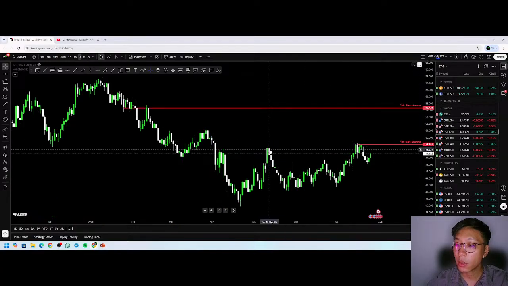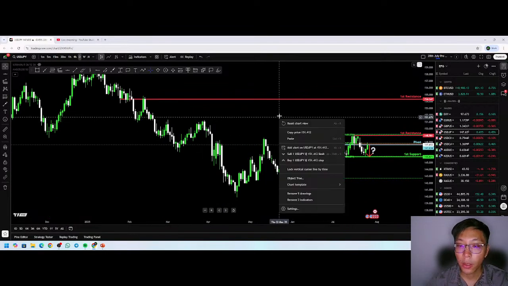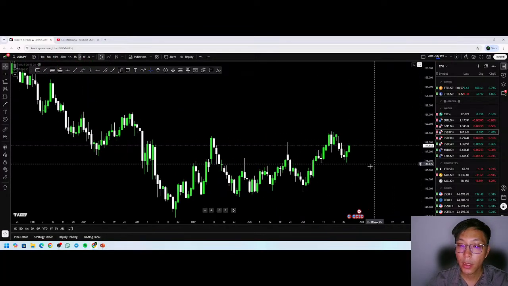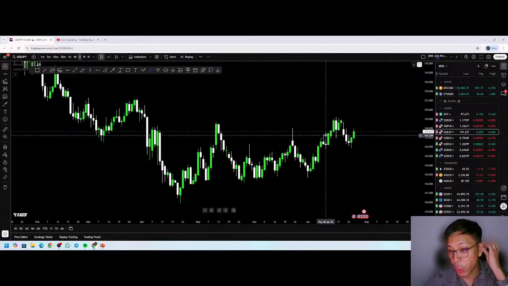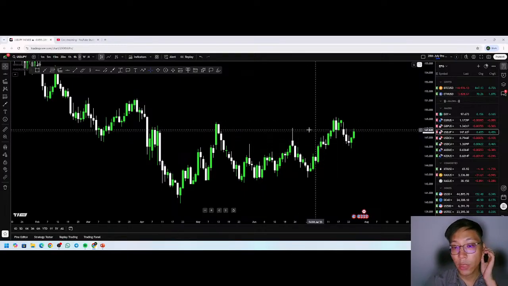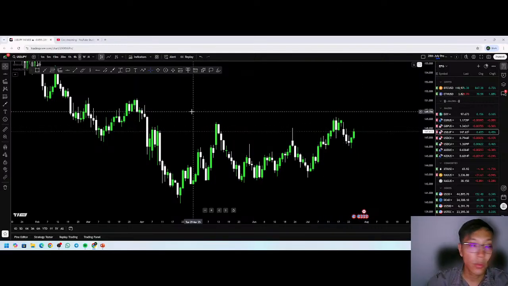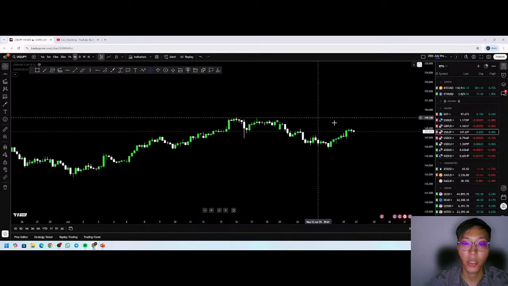Now let's take a look at USD JPY. So for USD JPY, let me see. If DXY is going to have a rejection, there is a possibility for USD JPY to also have a rejection as well.